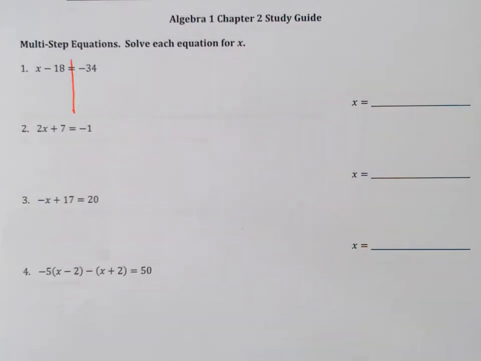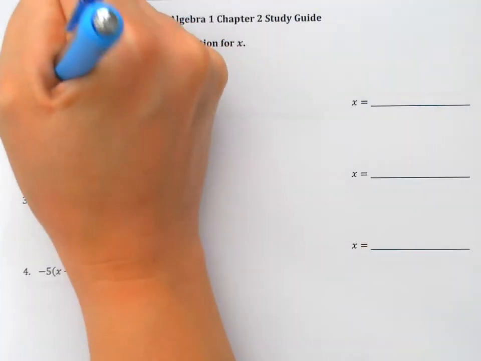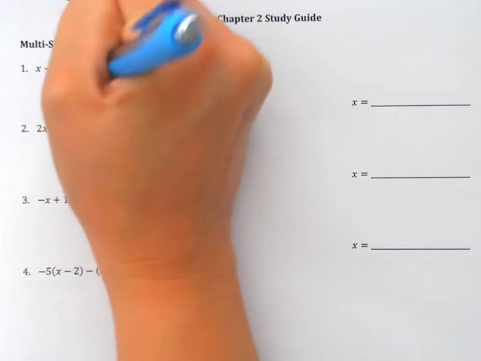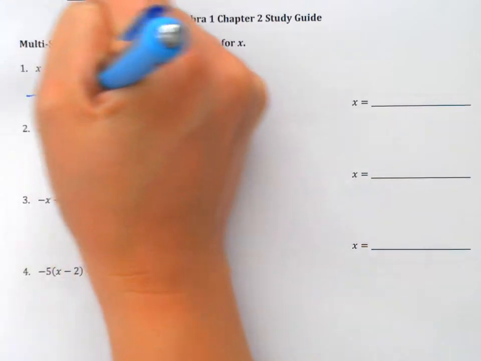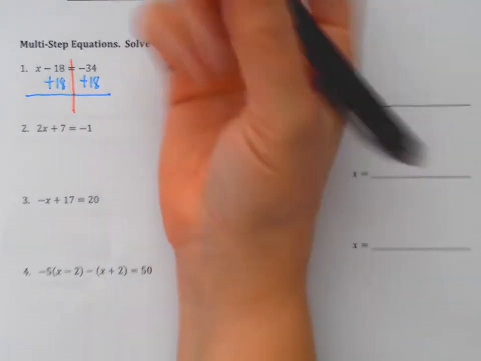So I am going to add 18 to both sides of the equation. This is the negative 18, so the opposite is plus. So that's why we add 18 to both sides. And I get that x to come down.